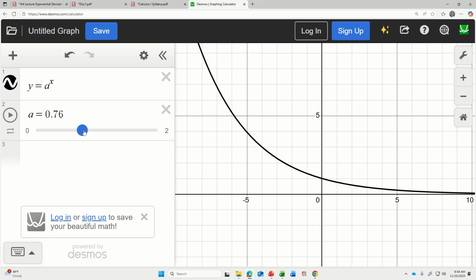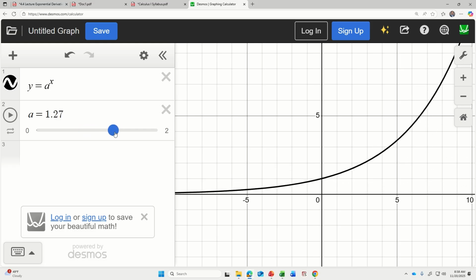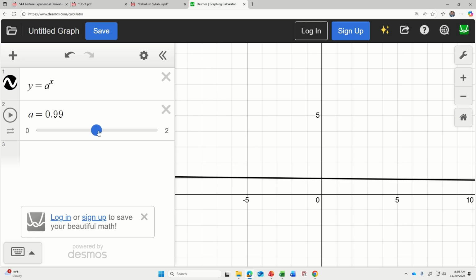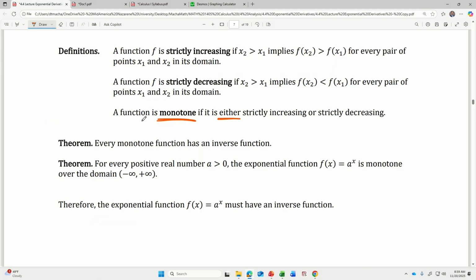And there's one little caveat I should mention: if you set a equal to 1, that's not monotone, because it's constant. So I should say for every positive real number a not equal to 1, the exponential function is monotone.